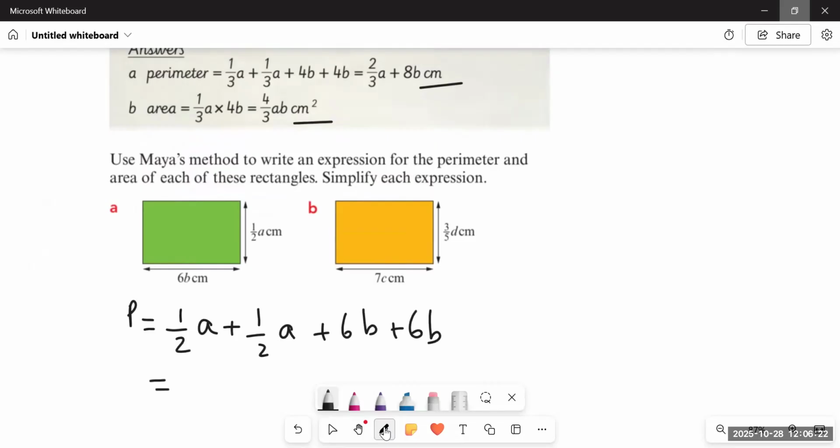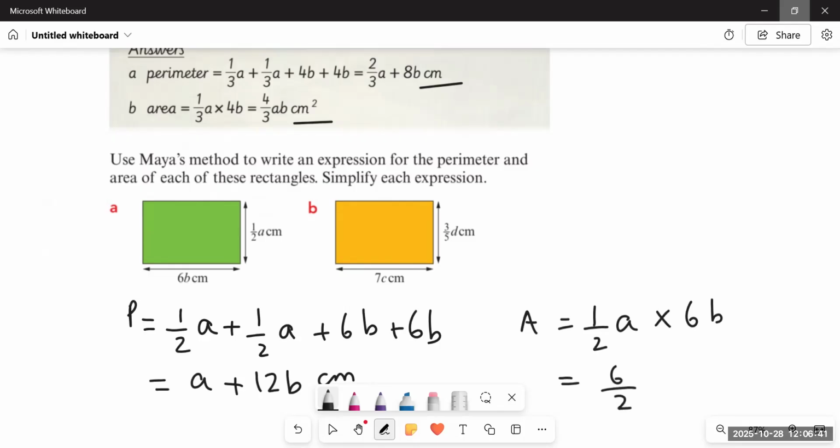So half plus half is 2 over 2. That's 1 whole. We will write a plus 12b centimeters. Okay. And for the area, it's going to be half a multiplied by 6b, which is 6 upon 2 ab, and we can simplify it.